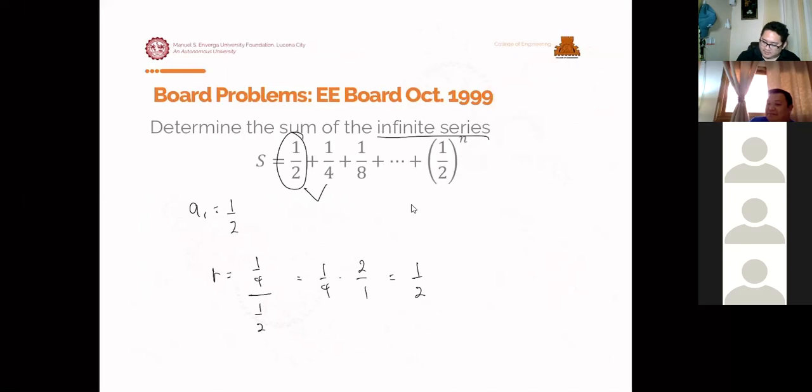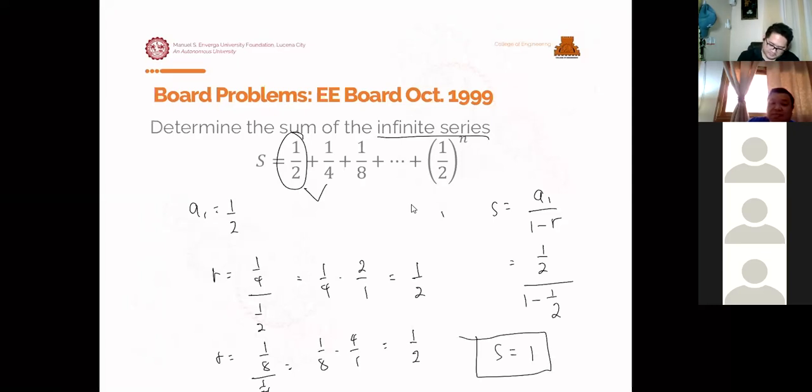Check pa natin ang isa: 1/8 over 1 fourth equals 1/8 times 4 over 1, equals 1 half. So 1 half yung R natin. Sum natin is A1 over 1 minus R, equals 1 half over 1 minus 1 half, or equals 1.